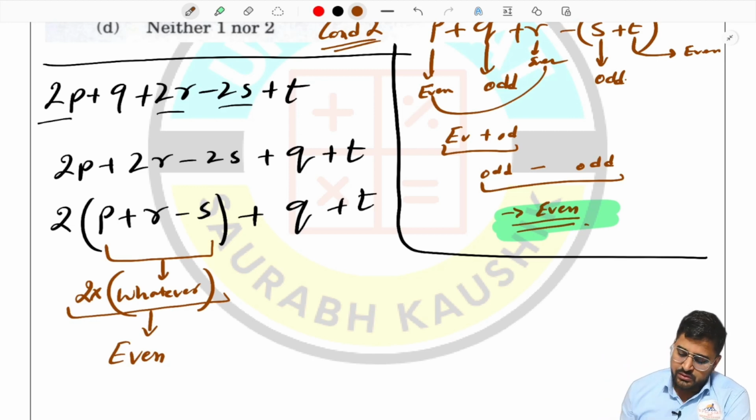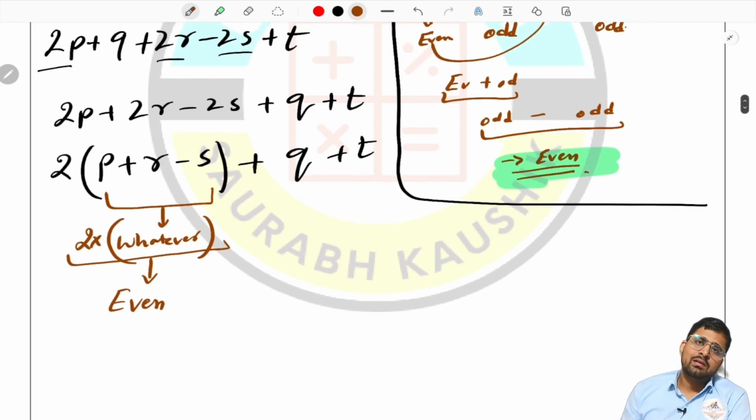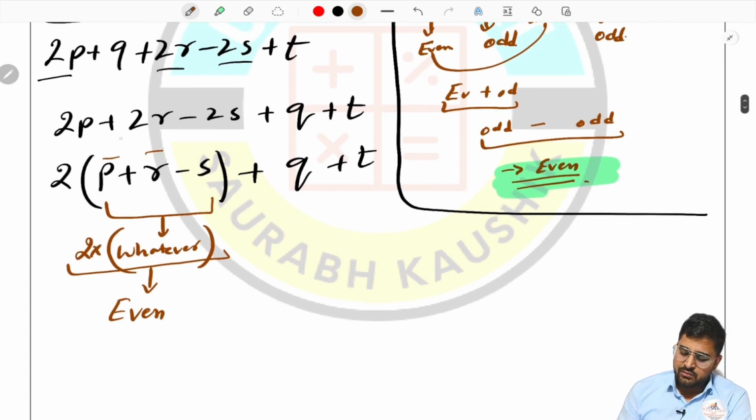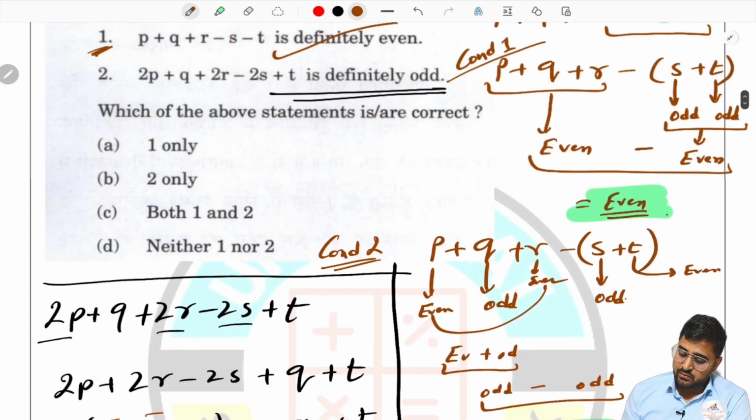In case 1, you can put both the odds here, then also you get even here, and here is even only. So the answer is only in even format. So what about definitely odd? In this format also, this statement is incorrect.